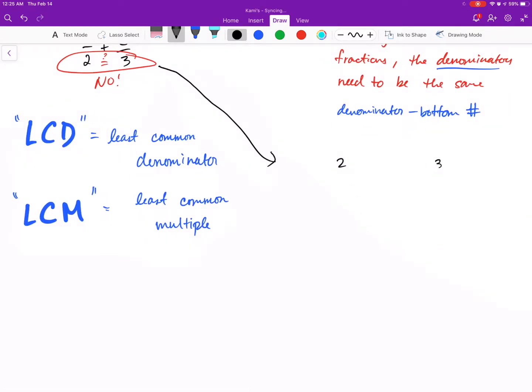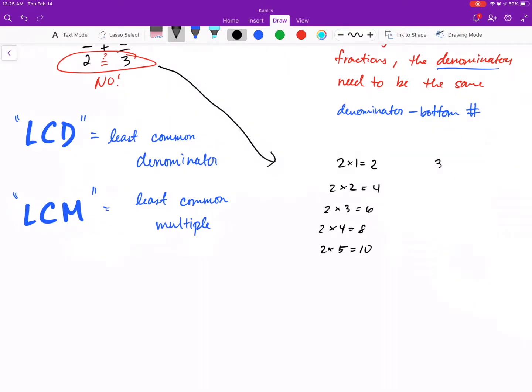Looking at the least common multiples, we're just going to do a few. So 2 times 1 is 2. We're going to do 2 times 2, that's going to be 4. 2 times 3, that's going to be 6. 2 times 4, that's going to be 8. And 2 times 5, that's 10. We'll stop there.